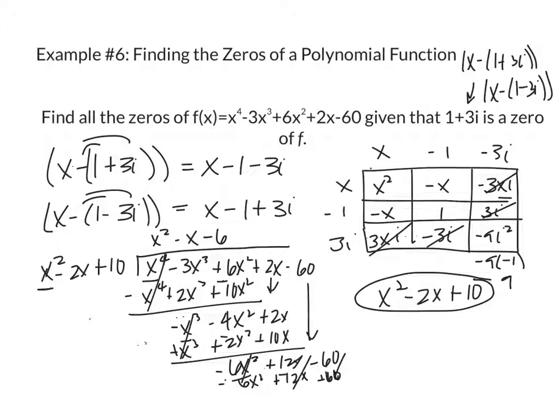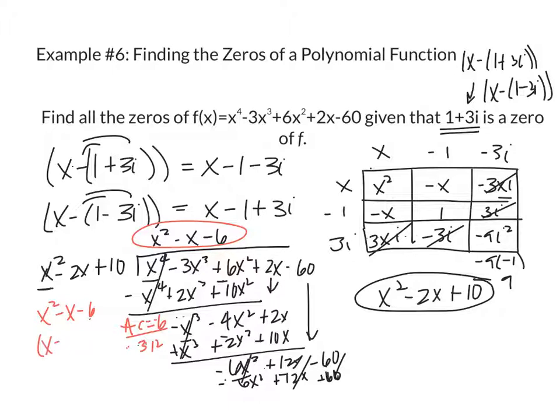So to find my other two factors, knowing that from the beginning, since I had 1 plus 3i as a 0, I knew that my other 0 is 1 minus 3i. If I take what I just found, this x squared minus x minus 6, and I factor that, AC will be negative 6, and the only factors that work are negative 3 and positive 2.